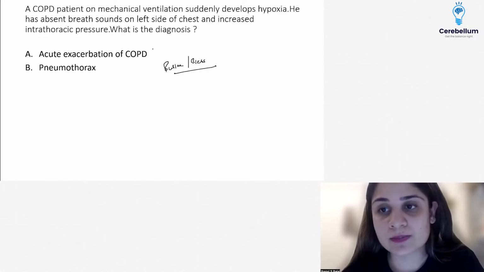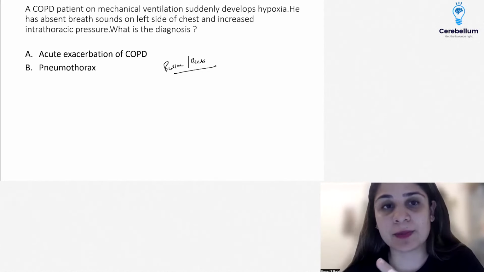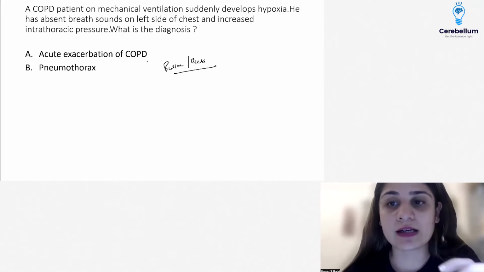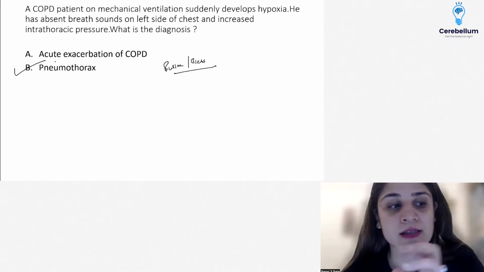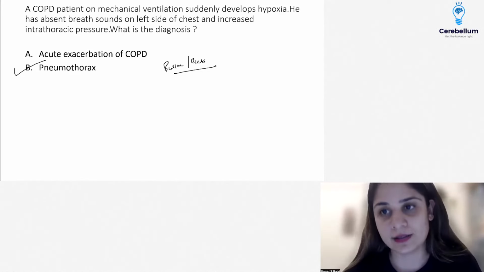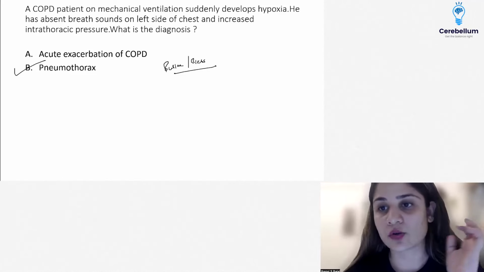Even if you didn't know this part of the information, the second clinical part of the information, there are absent breath sounds and increased intrathoracic pressure when the patient is on a ventilator, which gives a very clear-cut answer that it is pneumothorax. Acute exacerbation of COPD is not possible because you've already intubated the patient. So now he's not going to have any acute exacerbation while he's on the ventilator.